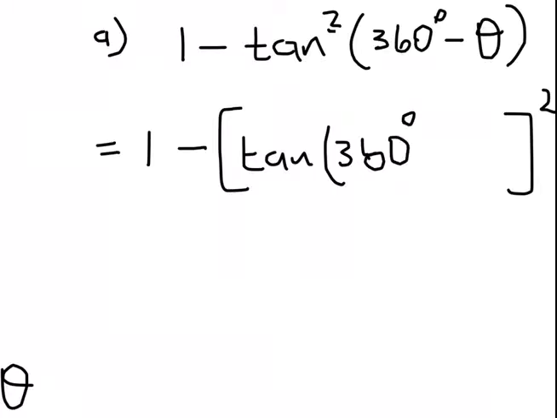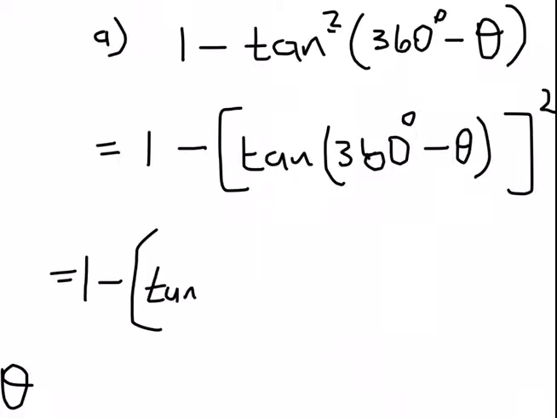So you've got many ways in which you can interpret this, because basically squared means 2 of exactly the same thing. So now if squared means 2 of exactly the same thing, that means this is the same as 1 minus tan of 360 degrees minus that, multiplying that same thing. That's what squared means.